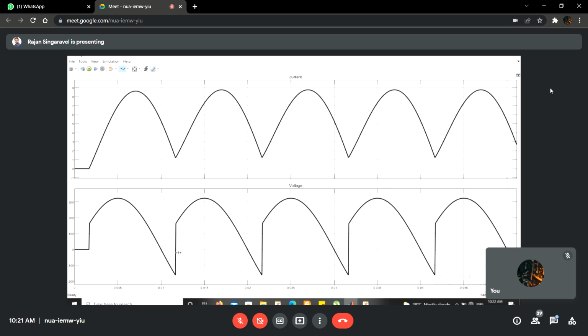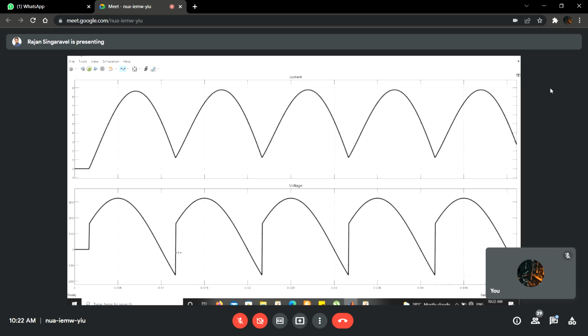And now you can see the current waveform, which is not at all touching zero. The reason, before the current reaches a value less than the holding current, the next set of thyristors is triggered. So the current is rising through the new set of thyristors and it is progressing.